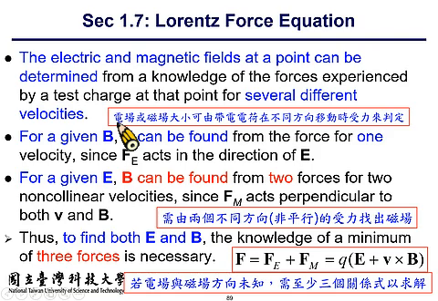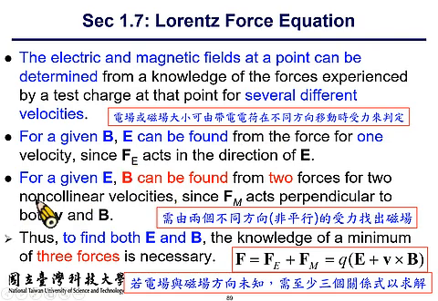For a given B, E can be found from the force of one velocity because FE acts in the direction of E. So according to this description, it's easier to find the electrical field in the background.